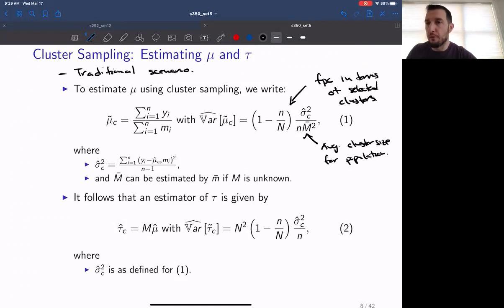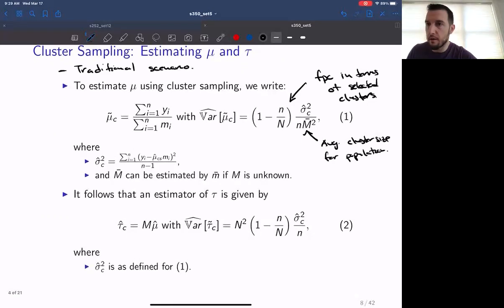Okay, when we look at the form of sigma hat c, you can see that this is the sum across the number of selected clusters.